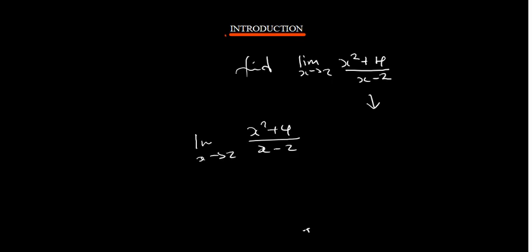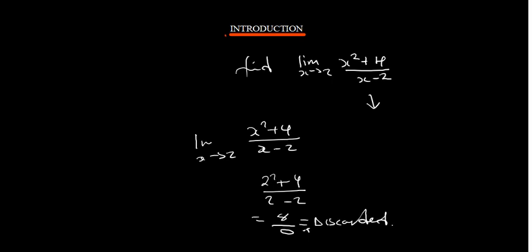As x approaches 2, we try from the left, or just the same thing. Since we are solving now, we are not proving, we insert 2 wherever there is x. So we put 2 squared plus 4 over 2 minus 2. That is 8 on top, then 0.